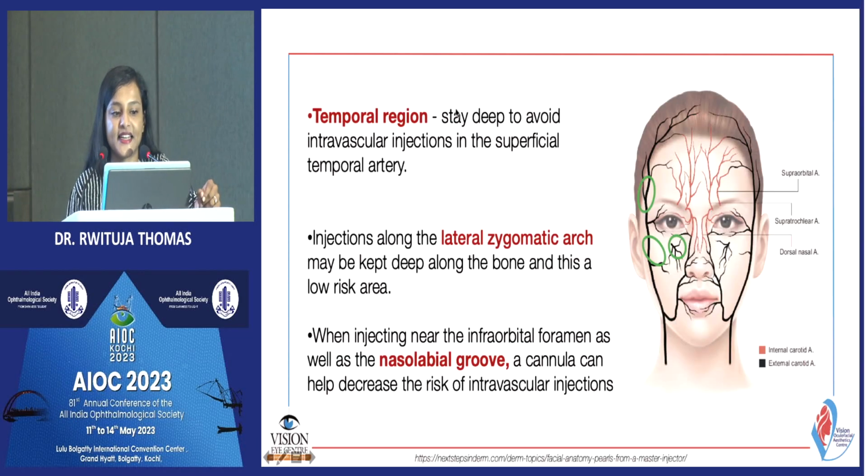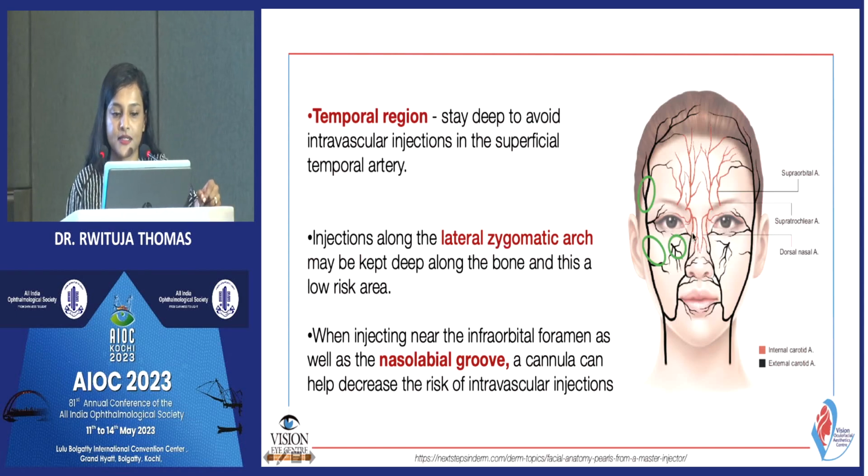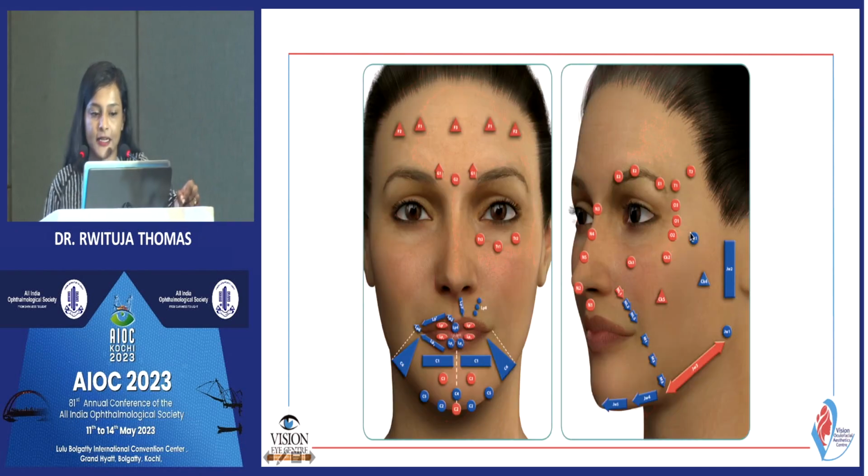So we stay deep in this area and avoid intravascular injections along this area as well, the lateral zygomatic arch, and near the infraorbital foramen, that is the tear trough, where we mainly inject our fillers. In younger patients we inject low viscosity fillers, and in older patients we inject high viscosity fillers. We need to be careful when we inject low viscosity fillers, as they tend to migrate more easily.